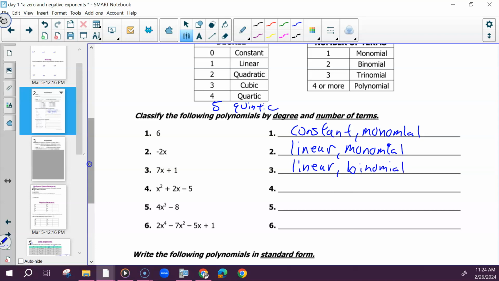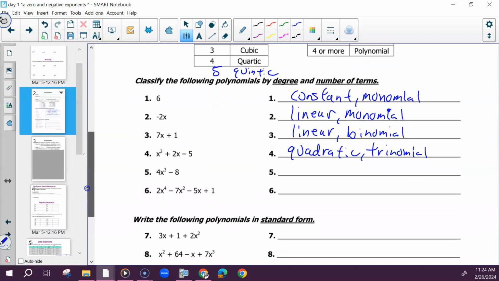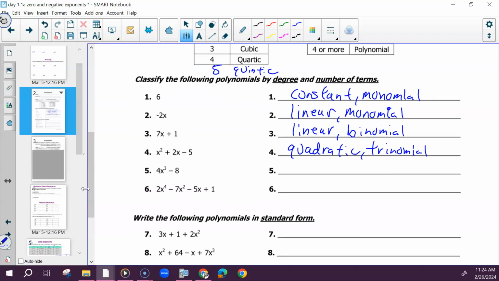Number 4, quadratic, trinomial, there are 3. Number 5, cubic binomial. It's to the 3rd power. There are 2 terms. And number 6, quartic polynomial.